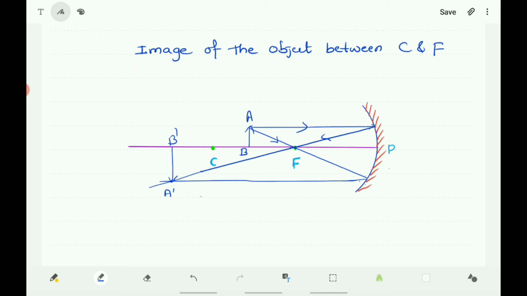This is about the image of the object between C and F. When the object is between C and F, the image is beyond the C. The image will form beyond the C and the size of the image is greater than the size of the object and it is an inverted image and it is a real image which can be obtained on the screen.